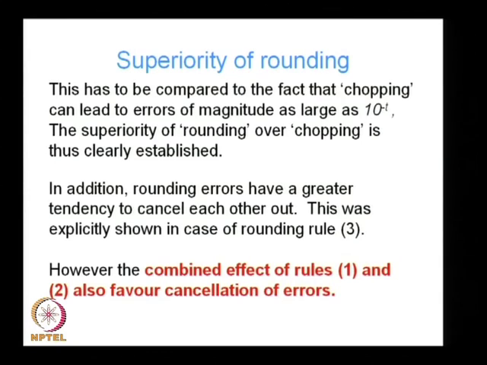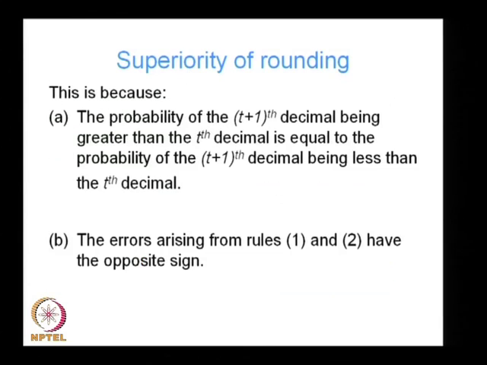In addition, rounding errors have a greater tendency to cancel each other out. We showed this explicitly in case of rounding rule 3. However, the combined effect of rules 1 and 2 also favor the cancellation of errors.